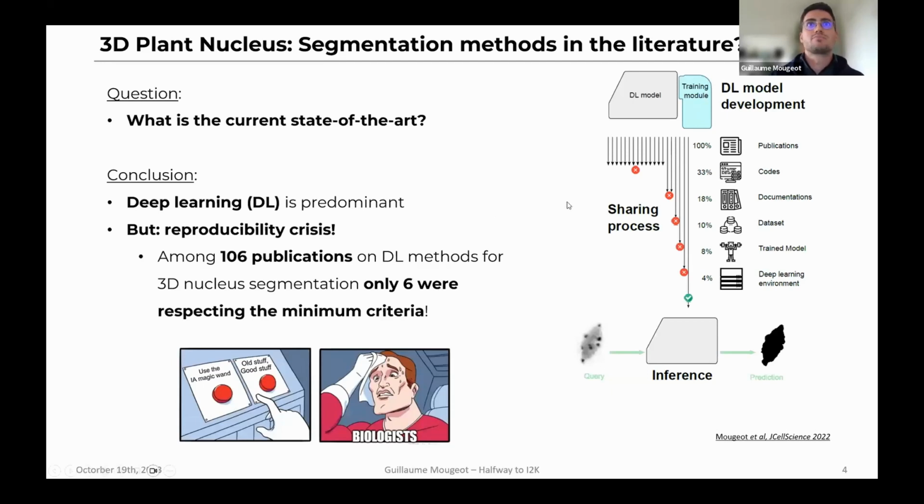Among about 100 publications, only 6 provided the minimum requirements: the code, the documentation, the datasets, and the deep learning environment, which is the whole set of requirements, such as the Python libraries required to actually use the tool.